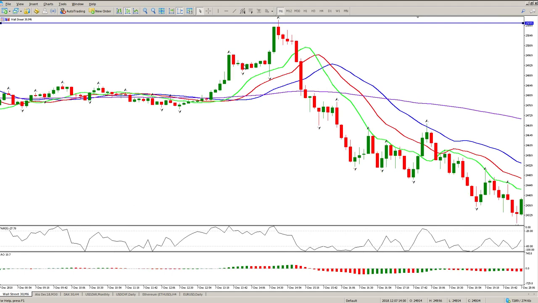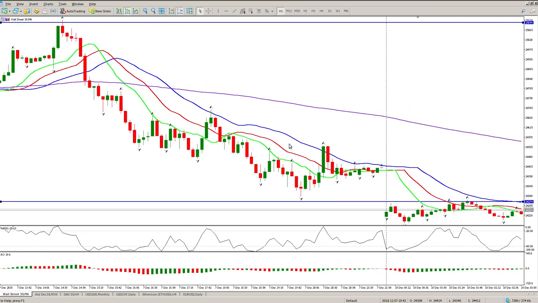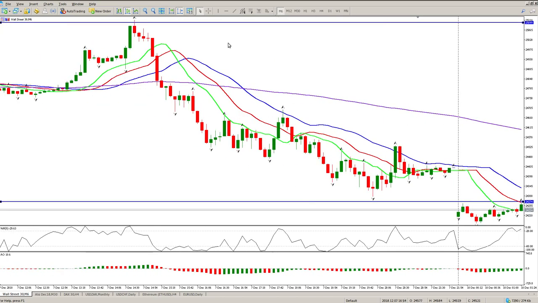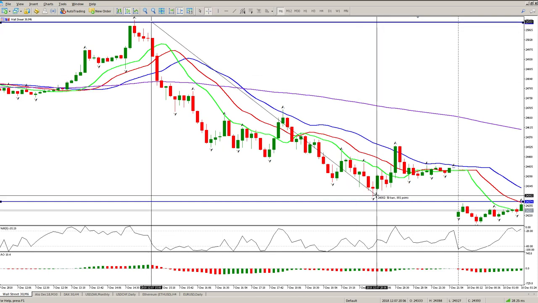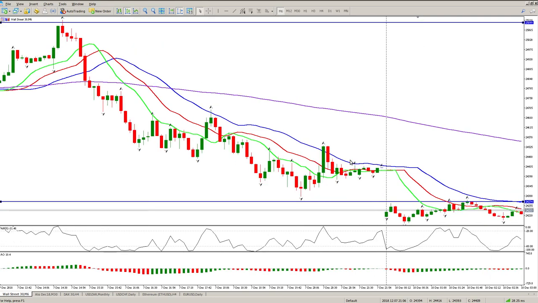So there you can see how we rallied. Bit of sideways, boom, exhaustion bar, just short of the level. Then we hit the level and we start coming off. Okay. So, I mean, that would have been a fairly decent 800 odd point trade on the Dow.